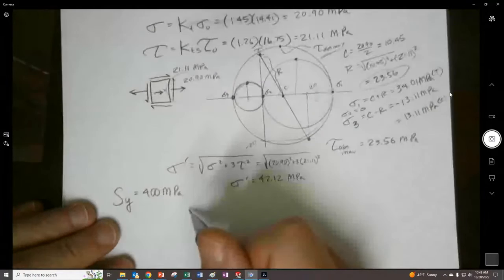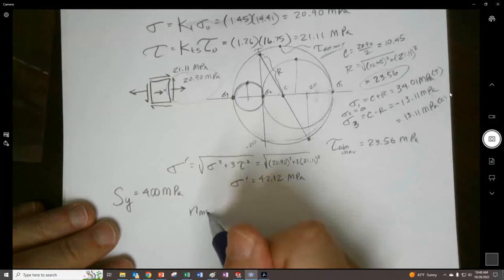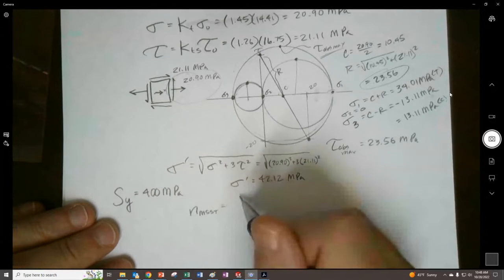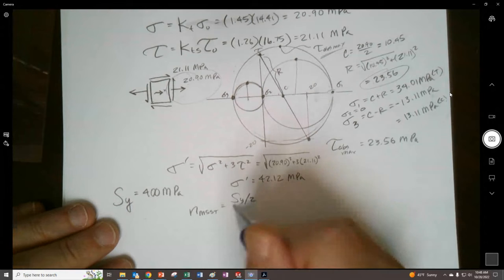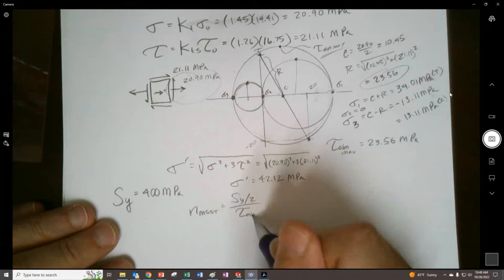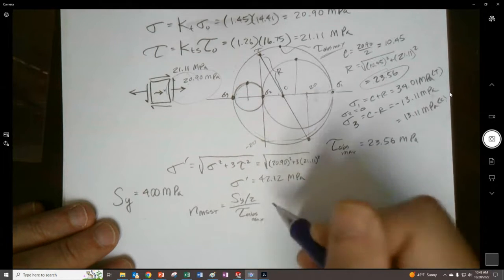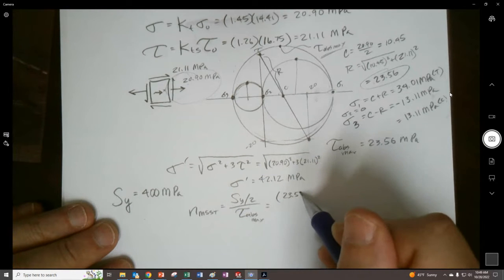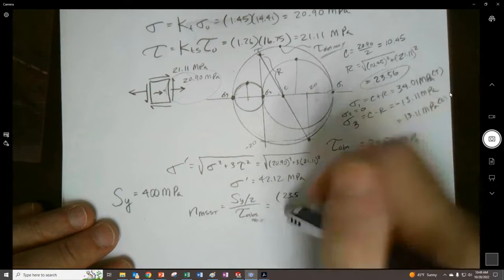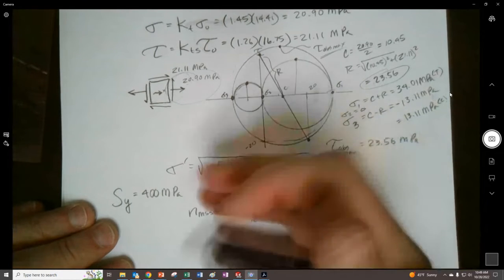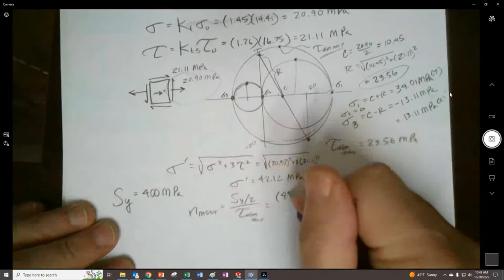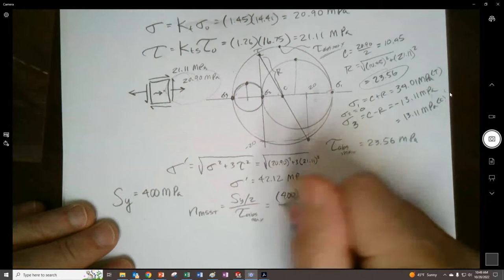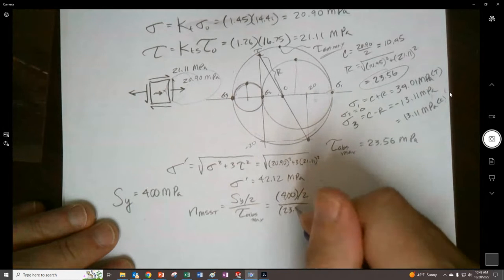So our safety factor for maximum shear stress theory, remember, is going to be the yield strength divided by 2, divided by the tau abs max. Or we will say that it's going to be 400 divided by 2 divided by 23.56.